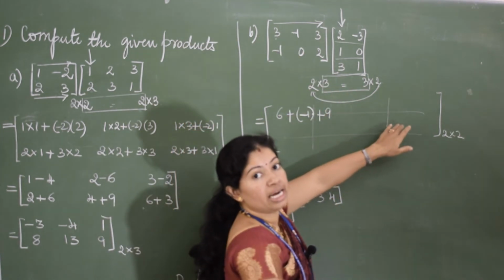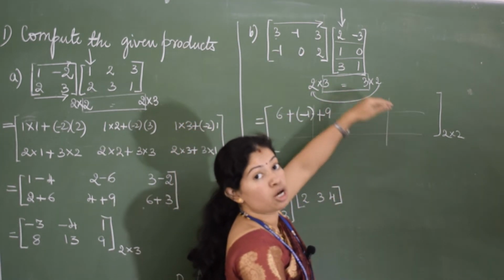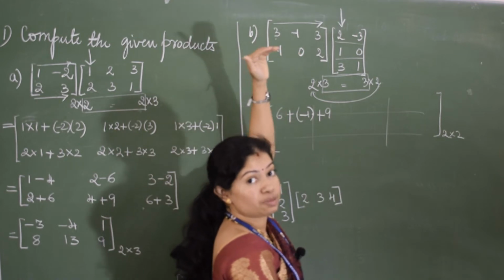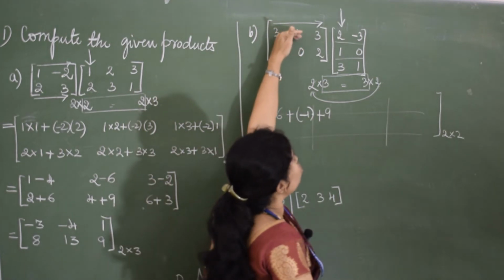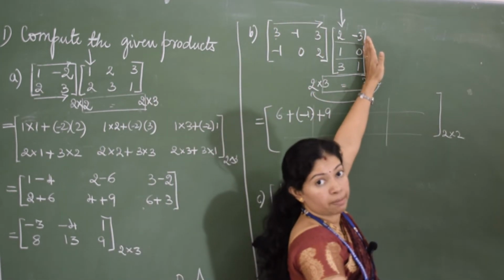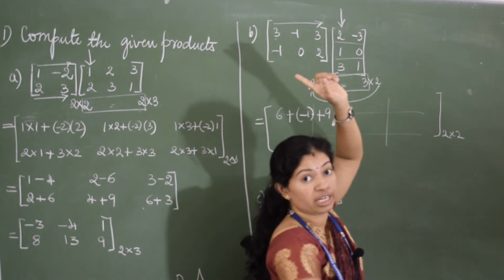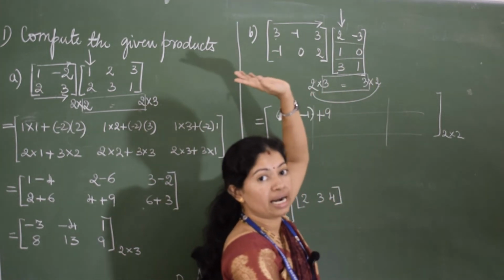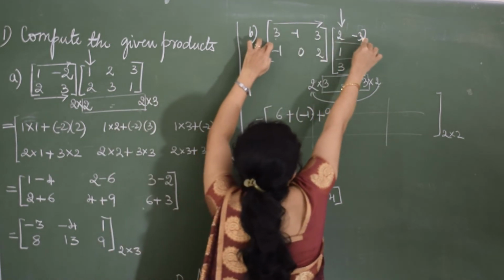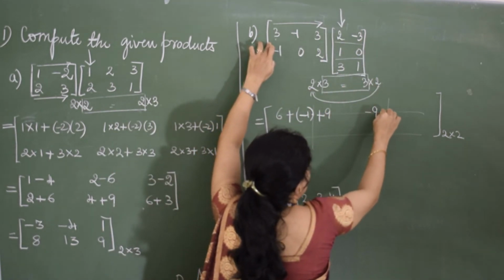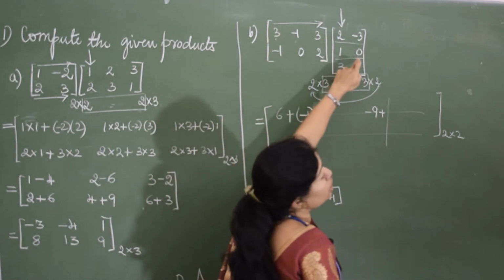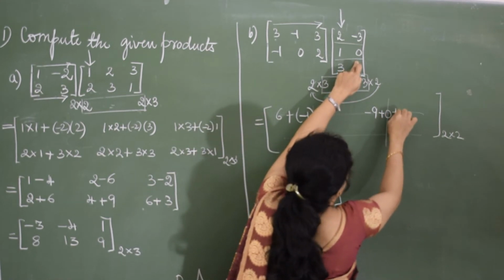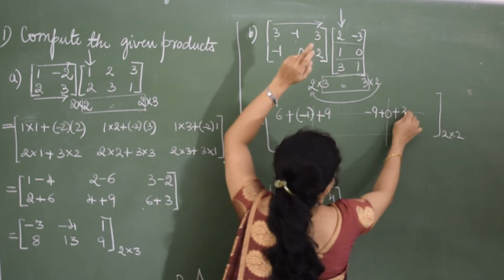Coming to this one, it is first row, second column. So you have to multiply corresponding elements of first row with the second column, and you have to add them. Don't forget that. So let us multiply and add. So it is 3 into minus 3, minus 9, plus minus 1 into 0, 0, plus 3 into 1, 3.